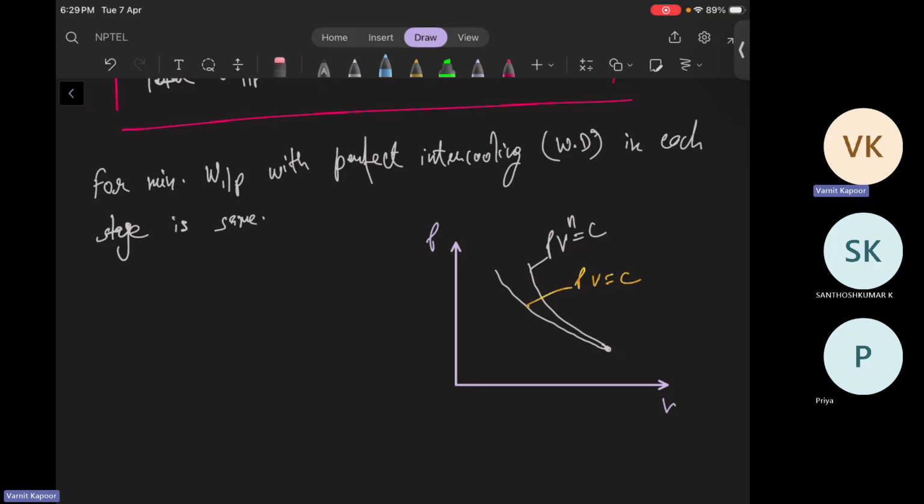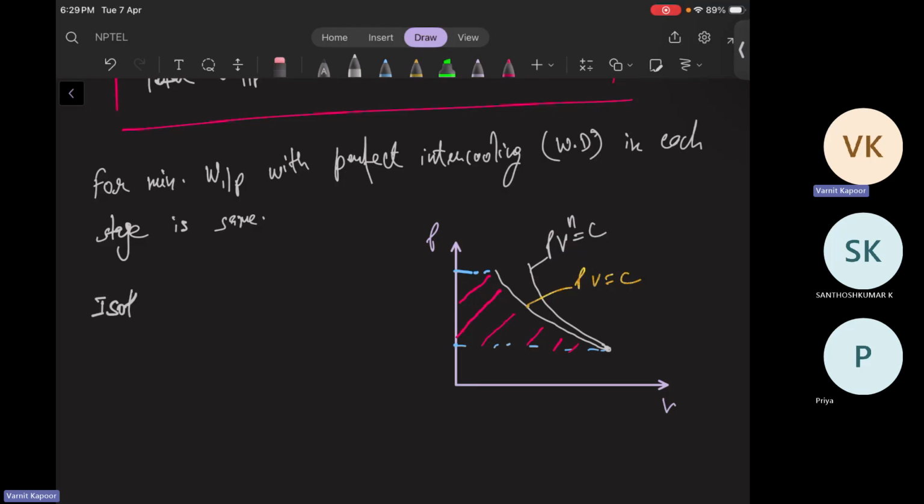So this is a reduction in the work input. If you see, the area for PV equal to constant is less compared to PV raised to n equal to constant. So isothermal compression is best whenever you are dealing with compression.